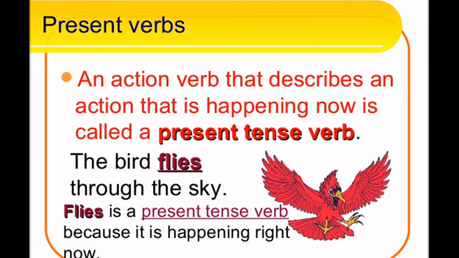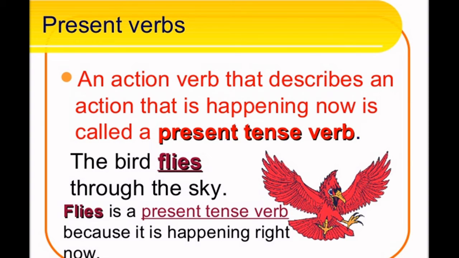An action verb that describes an action that is happening now is a present tense verb. So whenever any action verb is happening in the current time, in the present time, it is known as a present tense verb. Like the bird flies.